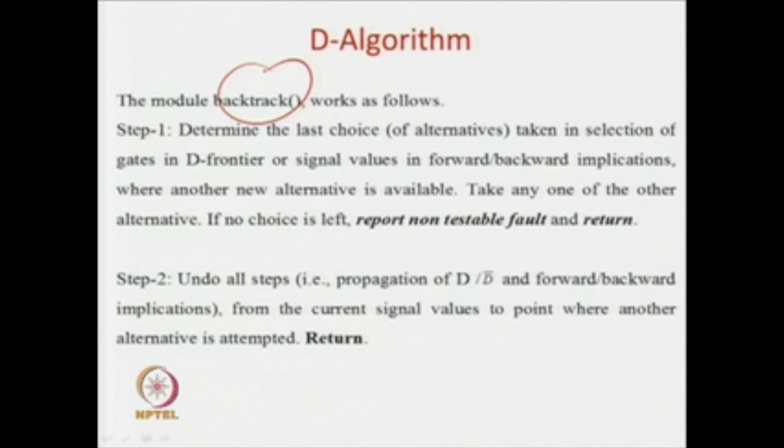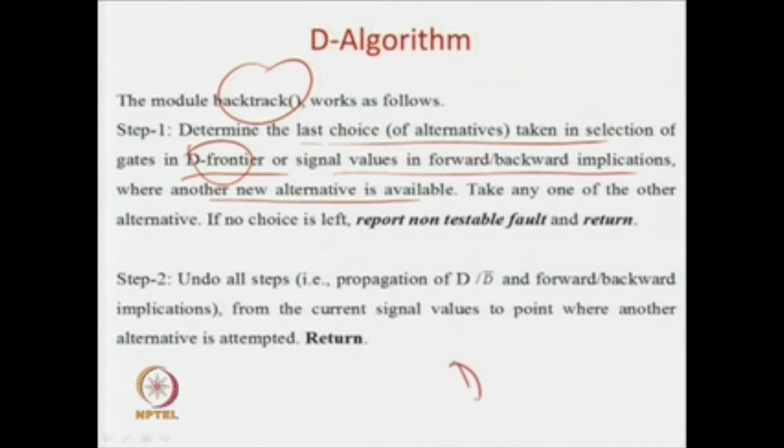So, you determine the last choice of alternative taken, in the selection of gates in the D frontier or signal values for backward and forward implication of the J frontier, where a new alternative is available. For example, there can be a lot of choices among the gates in the D frontier. You took any one of them, but you can try any other of them. Similarly, there can be a number of signal values.